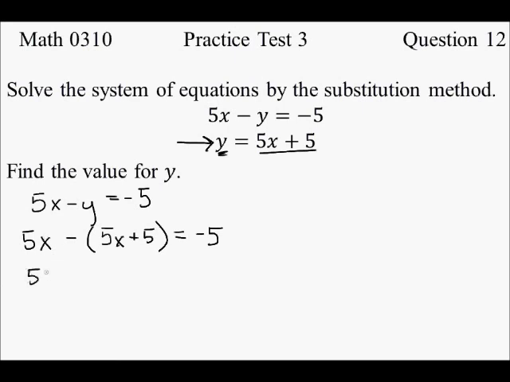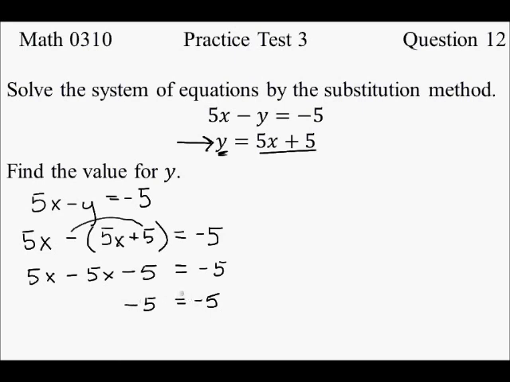We get 5x minus 5x, and then minus, our positive 5 is going to give us negative 5 there, equals negative 5. Alright, simplifying our like terms, 5x minus 5x. So our x's actually cancel out here. We're just left with negative 5 on the other side. And so we have negative 5 equals negative 5.